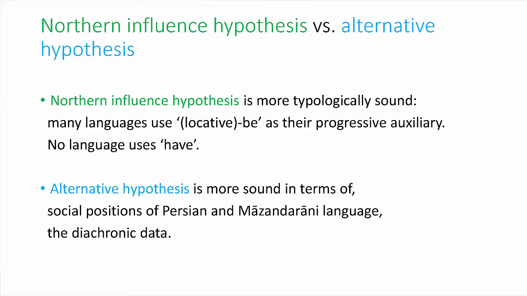So in this case, the northern influence hypothesis is more typologically sound. But the problem with this hypothesis is that first we need some strong social factors to justify this borrowing, and also the diachronic data from Mazandarani, as far as I can tell, doesn't support this northern influence hypothesis.